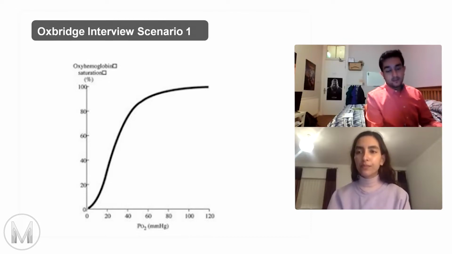But it also means that at really high partial pressures of oxygen, even small decreases aren't going to make a huge difference. And that's why we have a flat upper portion. So it takes a significant lack of oxygen to start having a change in the body's ability to take up oxygen and use it.